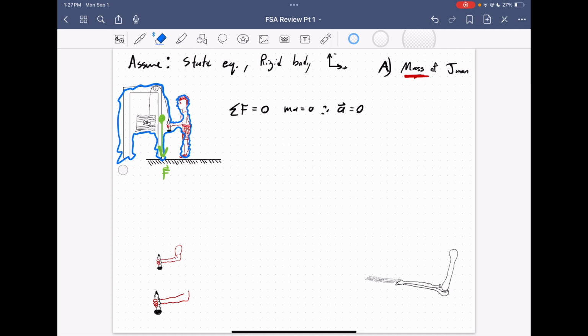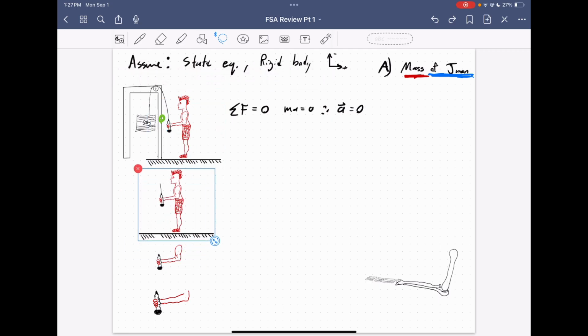So that's not a good system to choose. What do we want? We want the mass of Jimothy. So we're going to do our system as Jimothy. We'll grab him right here and the ground.